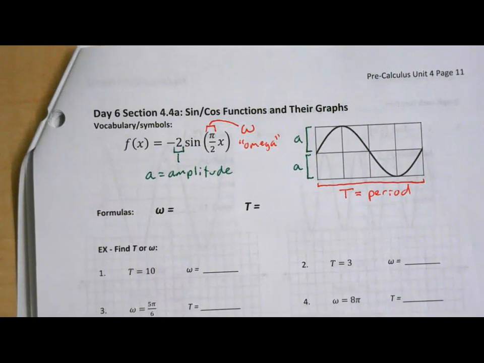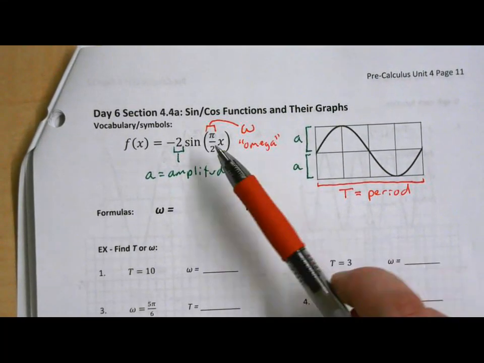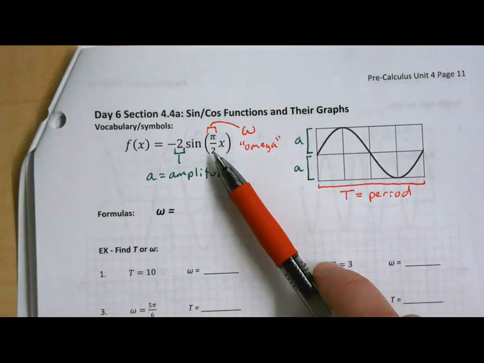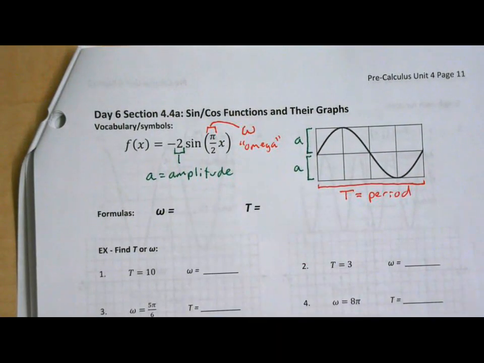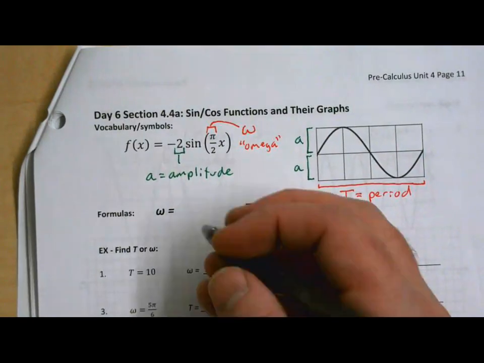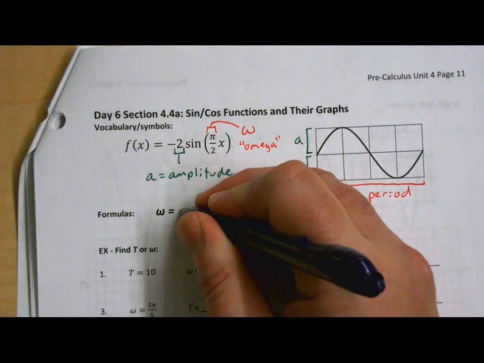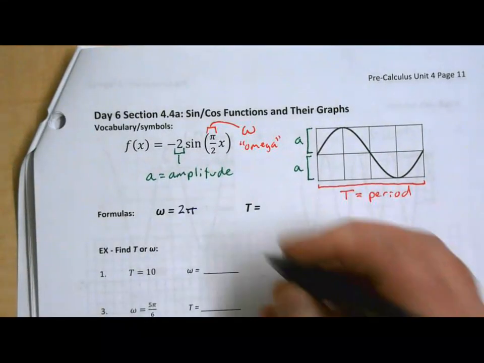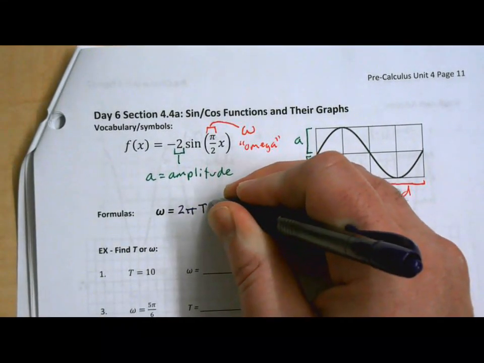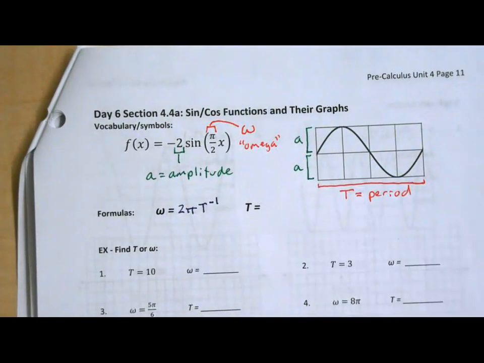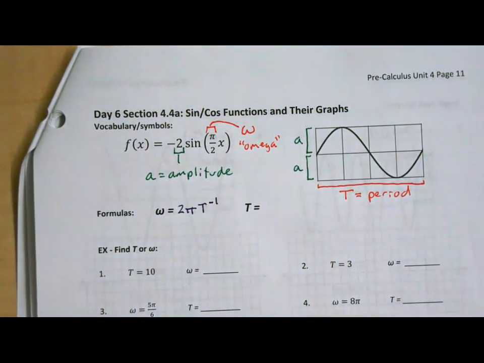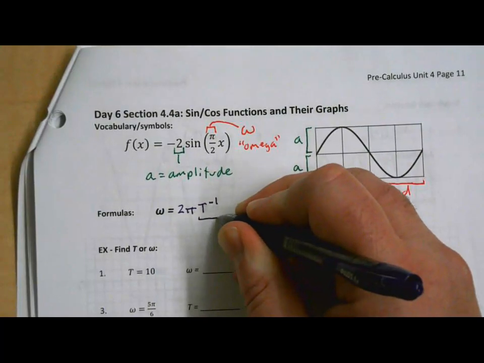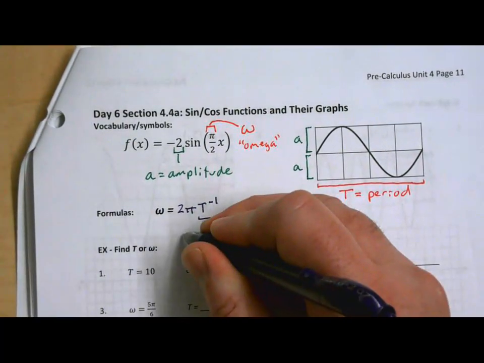I believe they use T because in a lot of applications, the x-axis will be representing time. All right, and there's a couple important formulas we need to know to relate omega to T. We can't look at the equation and know what the period is. We have to do some work with it. The equation that relates them is omega equals 2 pi times T to the negative 1, where the negative 1 means reciprocal.